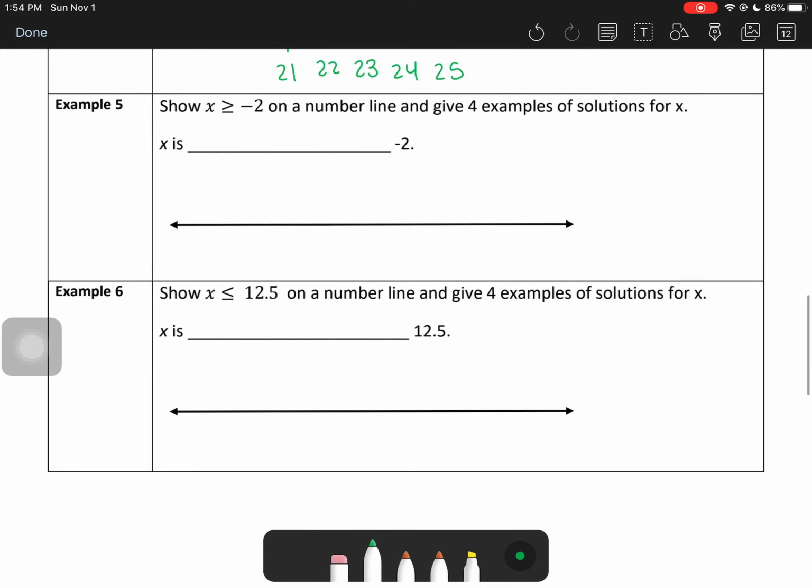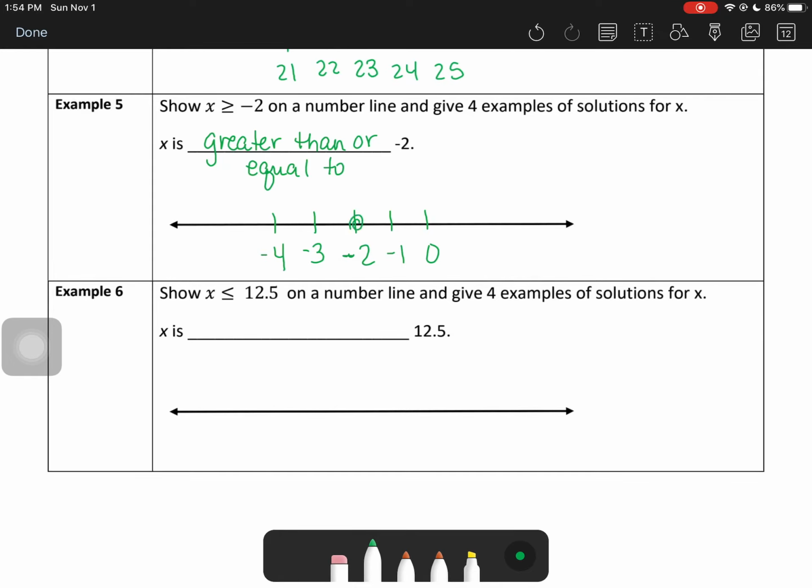Next example, it says x is, looking at the symbol, going to be greater than or equal to -2. So we're going to put our tick mark on our number line and we're going to label it -2. We're going to put a couple of values that are bigger than -2 and a couple values that are smaller than -2.